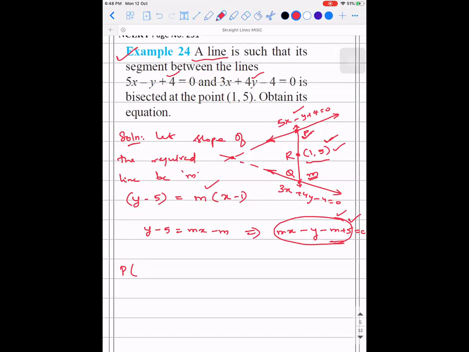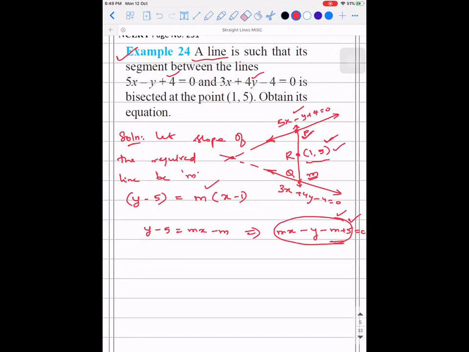Anybody with point P? So I'm not getting it, sir. Sorry? I'm not able to get it. You're not able to do.